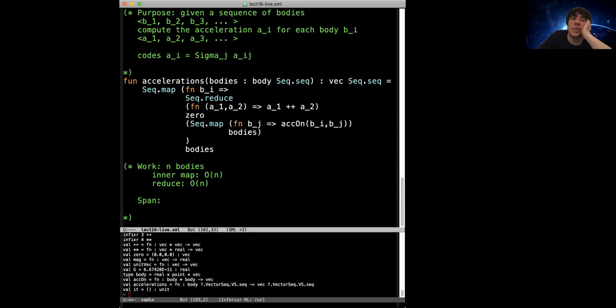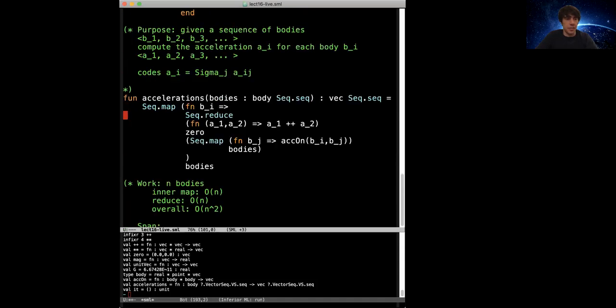So it's a reduce of constant time stuff, which means it's just proportional to the length of the thing you're reducing, which is the same as the length of the map that comes out here, which is the same length as bodies. So the inner map and the reduce are order n total together. And if we do that for each body, then overall we're looping something that's order n, n times, and we get n squared.